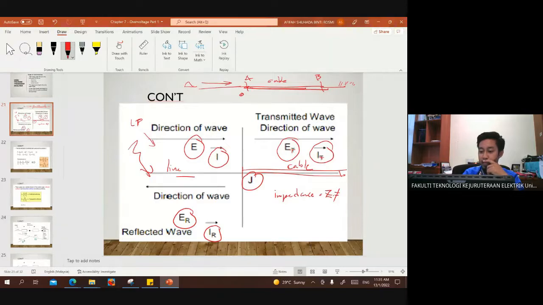Tapi dekat in the same cable ni dia akan mantul balik. Dia akan reflect back juga dekat dalam tu. Maksudnya bila dia reflect, dia akan jumpa B, and then dia reflect back dia akan jumpa A balik, and then dia reflect back jumpa B, and then reflect back akan jumpa A, sampailah dia punya signal tu ataupun dia punya voltage ni dia akan attenuate, maksudnya dia akan makin berkurang. So this is the illustration of the travelling wave in the line.